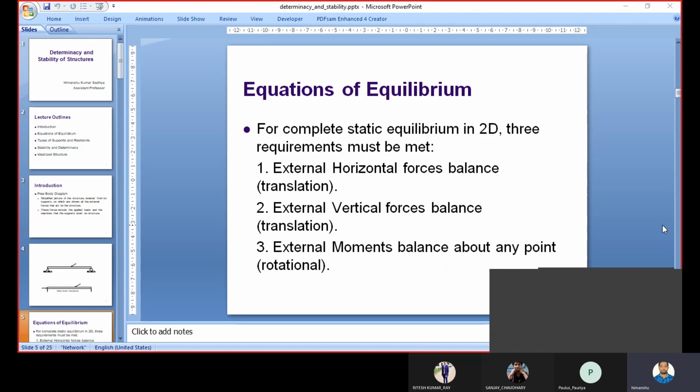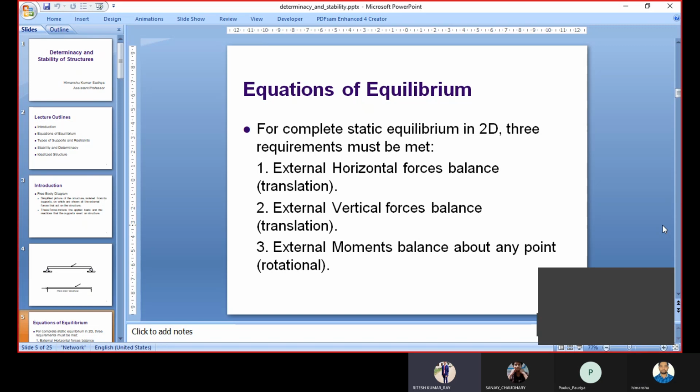Like for simplification, if you are sitting in your room, first analyze your room. How many directions are there in your room? Six. Yes, there are six directions.